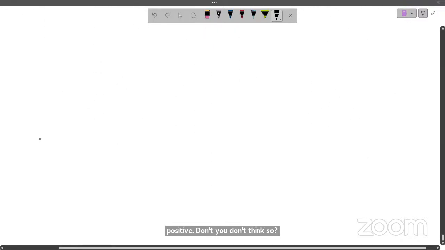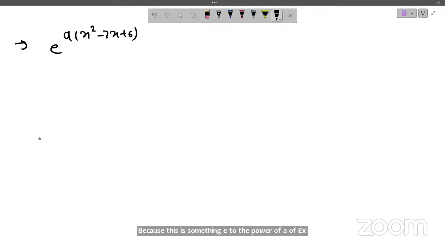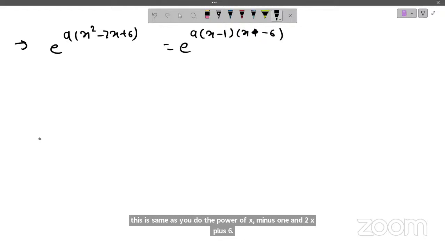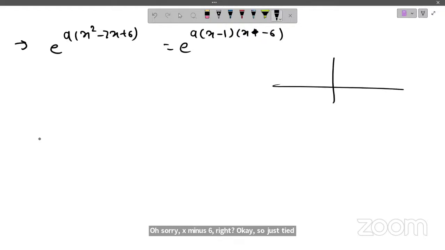Because this is e to the power of x square minus 7x plus 6. So this is same as e to the power of x minus 1 into x minus 6. Okay, so just try it out in this way. So this is my 1 and 6, and again I have positive, negative, positive.